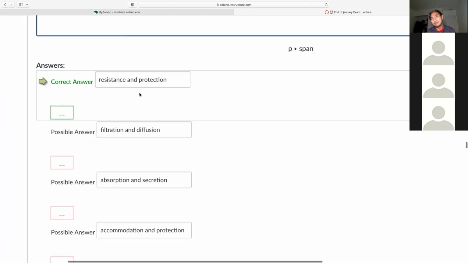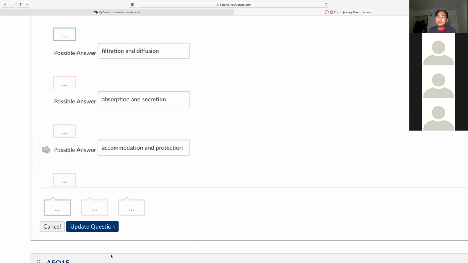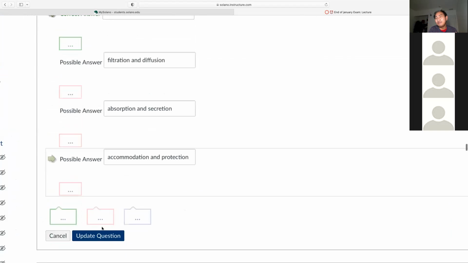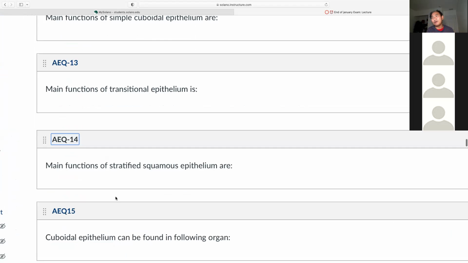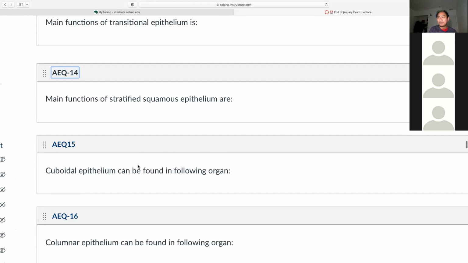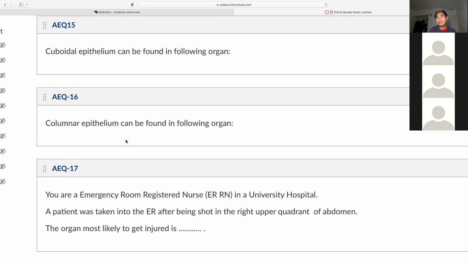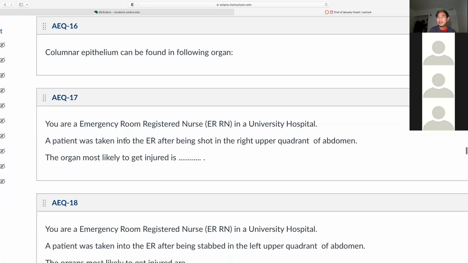Resistance and protection. Yes, because it is multiple choice, once you see the options it should be easy for you guys. There are multiple options: cuboidal epithelium, columnar epithelium. I'm not going there.